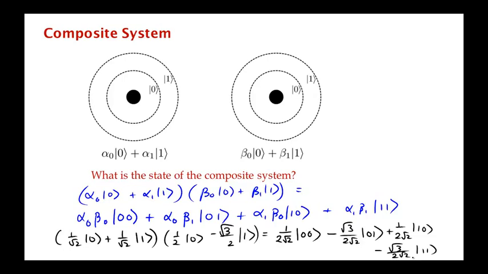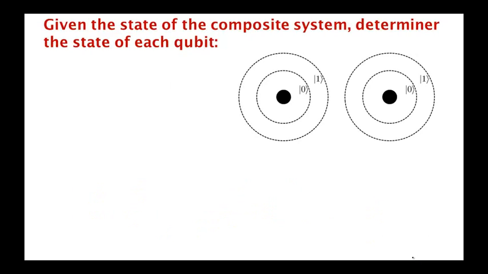Okay, so now we could ask the opposite question. Suppose you are given the state of the composite system. Determine the state of each of the 2 qubits. So we could just continue with our previous example. Suppose you're given that the state of the composite system is this.